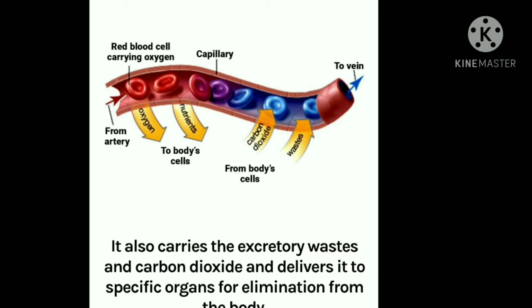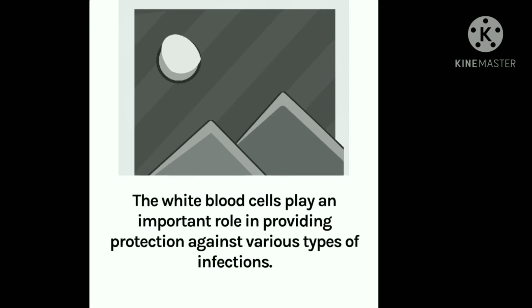So the carbon dioxide is released in the lungs. The poisonous or excretory waste is released in the kidney. In this way, the blood carries the excretory waste as well as the carbon dioxide and delivers them to the appropriate organ for elimination from the body.